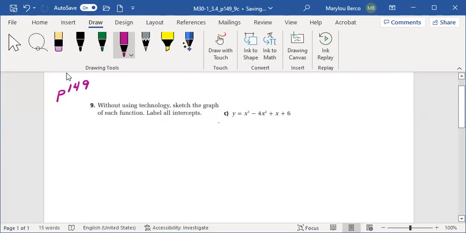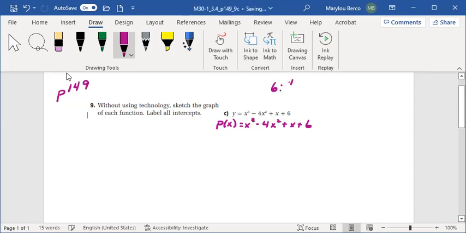So, for p of x, the possible integral zeros of the polynomial are factors of the constant term, which is positive 6.